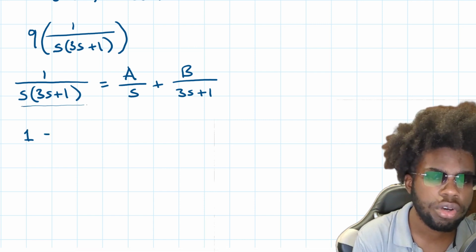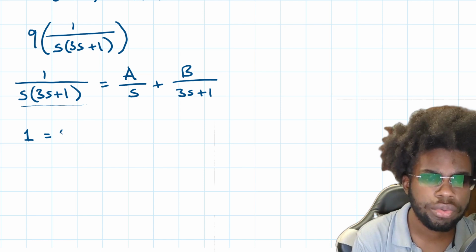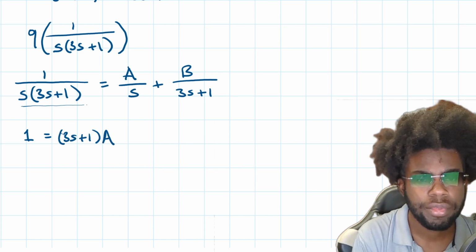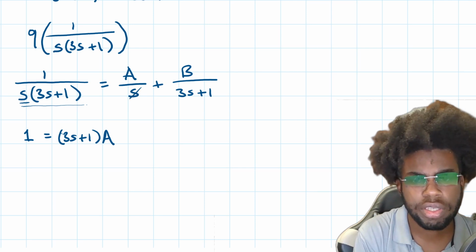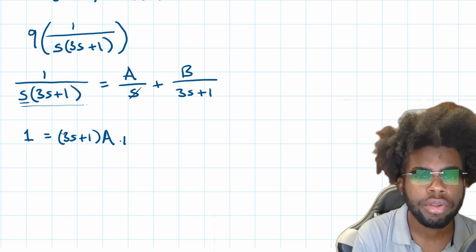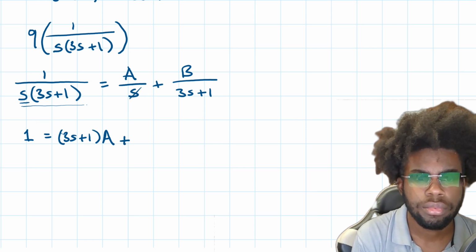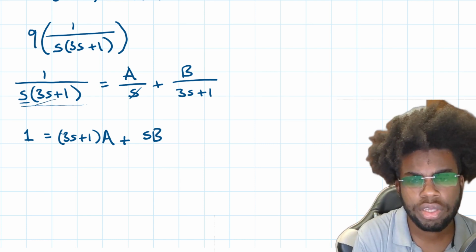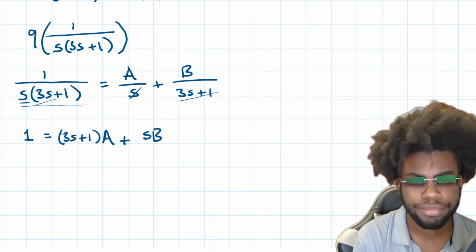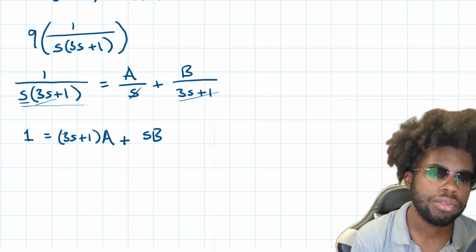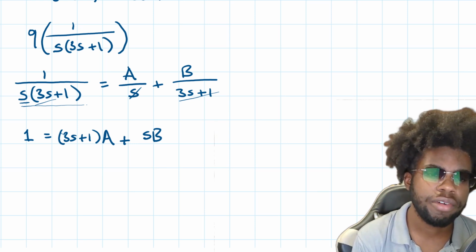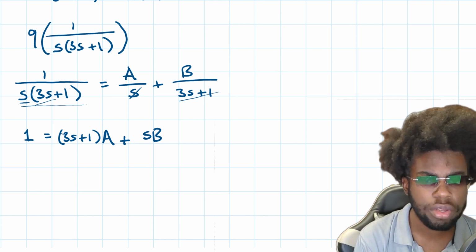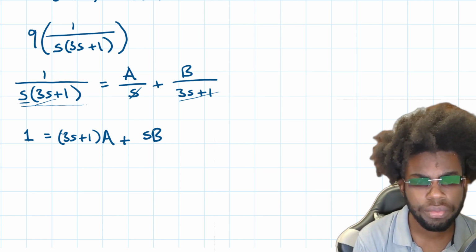That will give us 1 is equal to (3s plus 1)a, as the s from here kills the s from here, plus sb, as the 3s plus 1 here kills this 3s plus 1 here. Great. So finding some value of s, well, b is the more obvious one, that drives the term to 0.